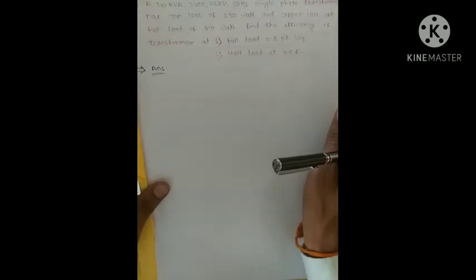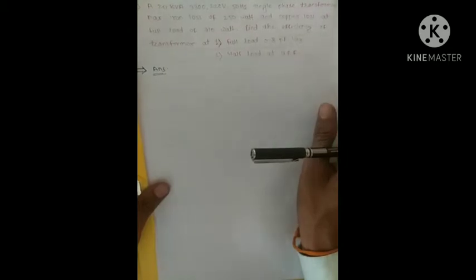Find the efficiency of the transformer at number 1, full load 0.8 power factor lag, and number 2, half load at unity power factor. So we have to calculate these.